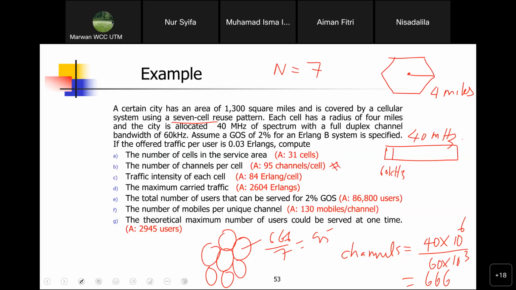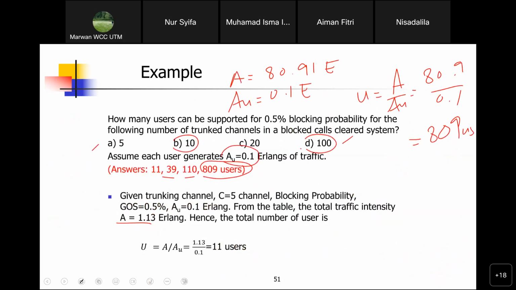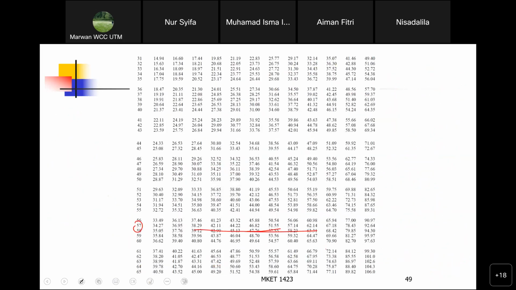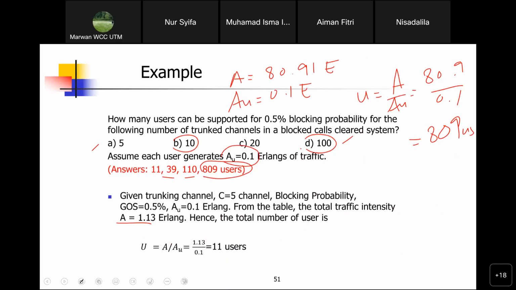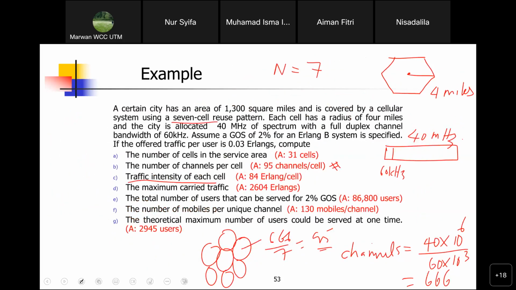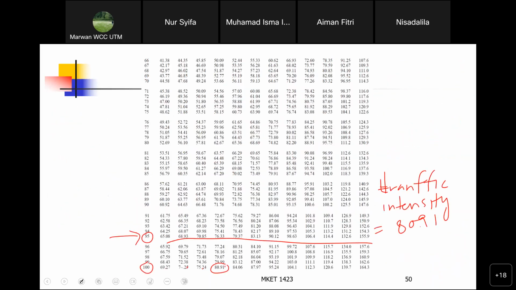Okay, so once you have 95, then for the traffic intensity of each cell, you need to use 95 to get it. With 95 channels, see what the cost is; in this case you want 0.584.